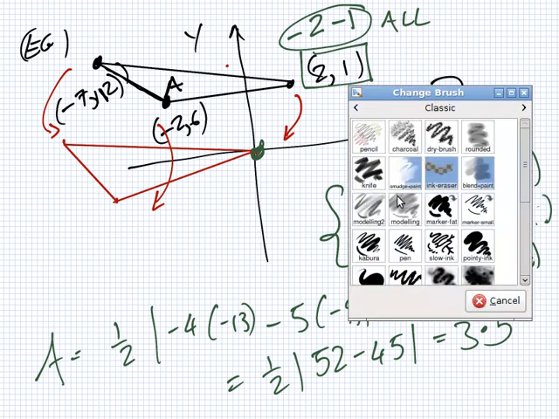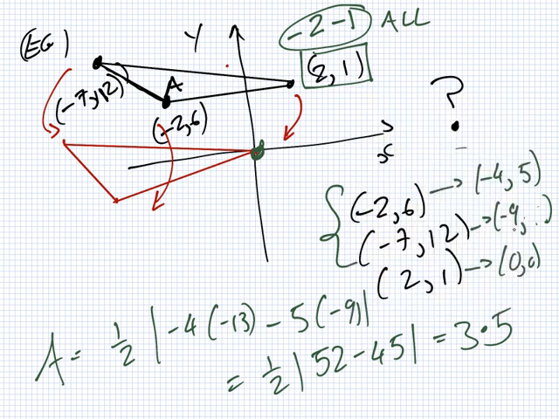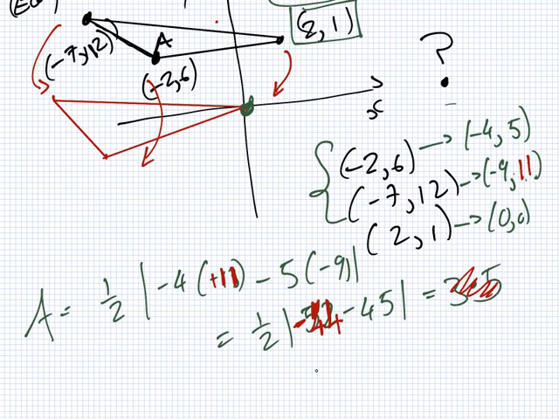Let me just fix that. 11 here. So that means -4 multiplied by 11. So what's that now? Minus 44? Well, this is a totally different answer then. That's a half of 89?